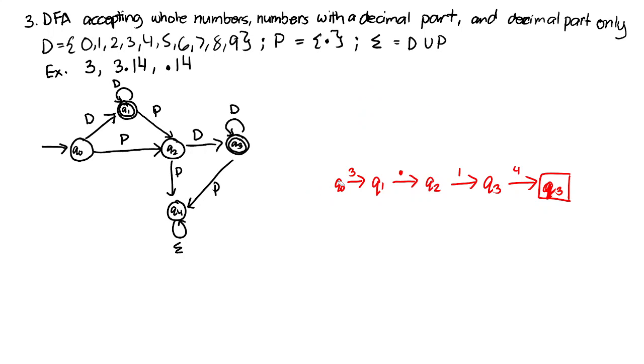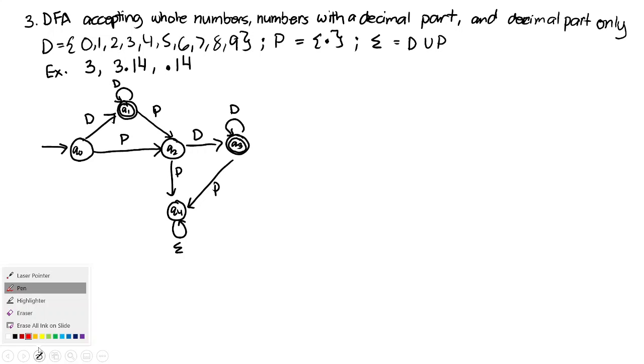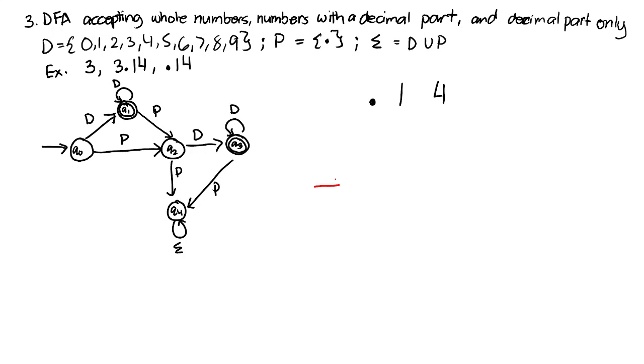Last string is 0.14. Start with Q0 as usual. Then, once you read the first symbol, which is period, we go from Q0 to Q2.